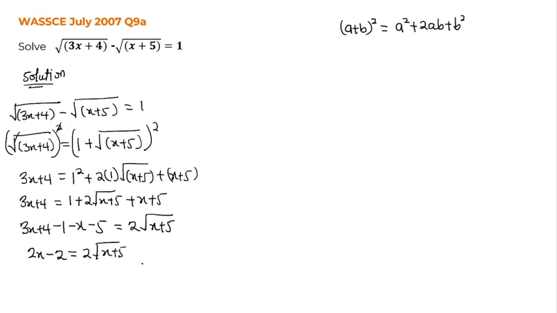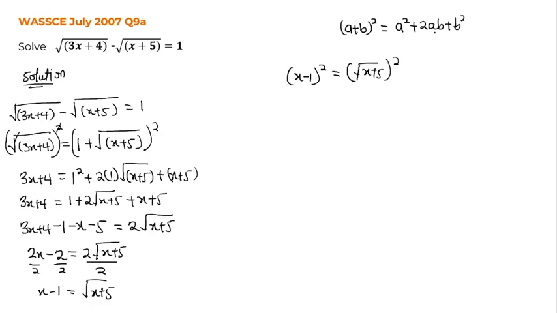Now before we begin to square both sides to get rid of this root, we can see that if I divide through by 2, I can get rid of the 2 here and have it simpler. So I divide both sides by 2, so I'll have here s minus 1 is equal to root s plus 5. So from here I square both sides, so I have s minus 1 squared is equal to root s plus 5 squared.